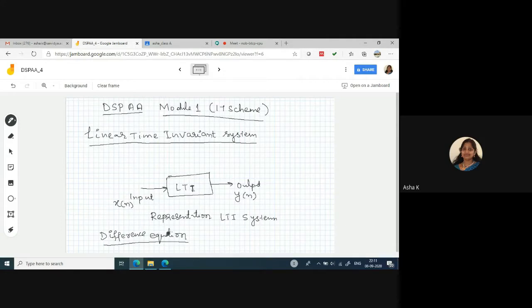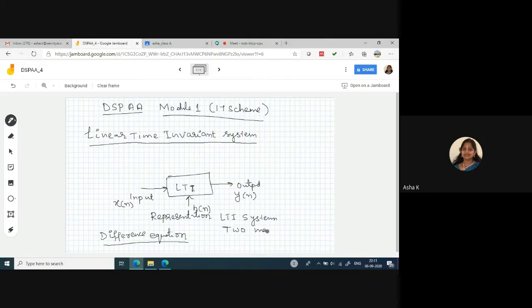A unit sample or impulse response is used to characterize the LTI system. Say I have a certain impulse response represented with h of n, suitably producing the output y of n.